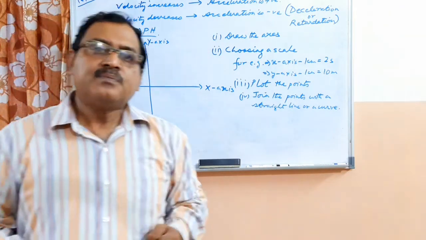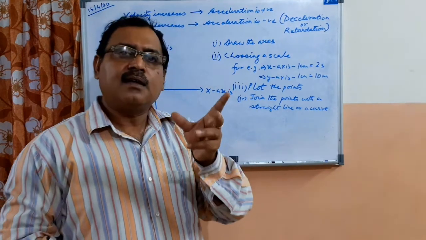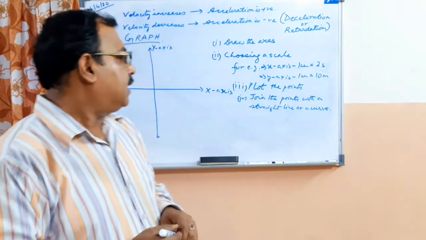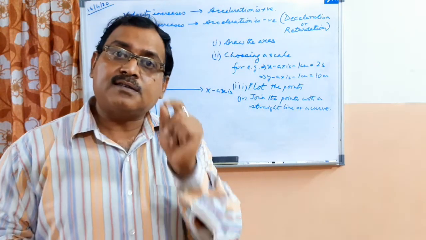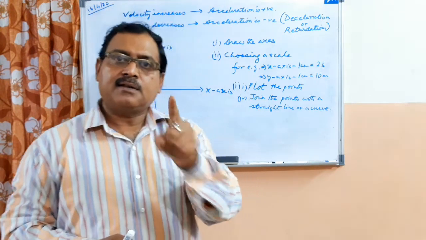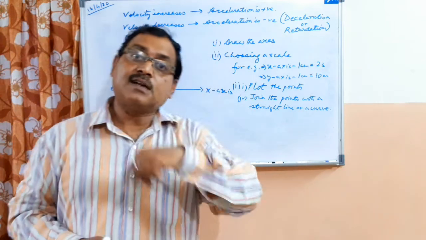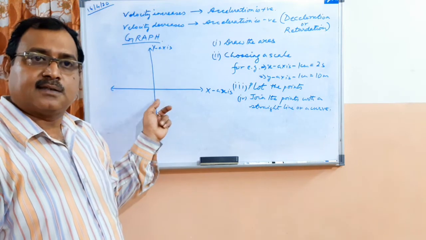Now, in a graph, two quantities are there. Actually, it is a relation between two quantities, right? Out of the two quantities, whichever quantity is the independent quantity, that is taken in the x-axis, and whichever is the dependent quantity, that is taken in the y-axis.